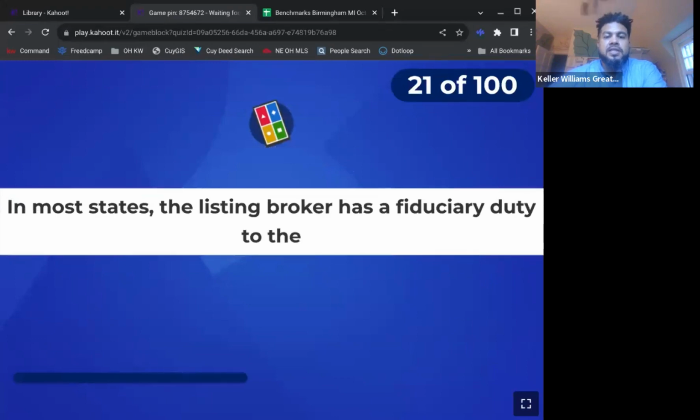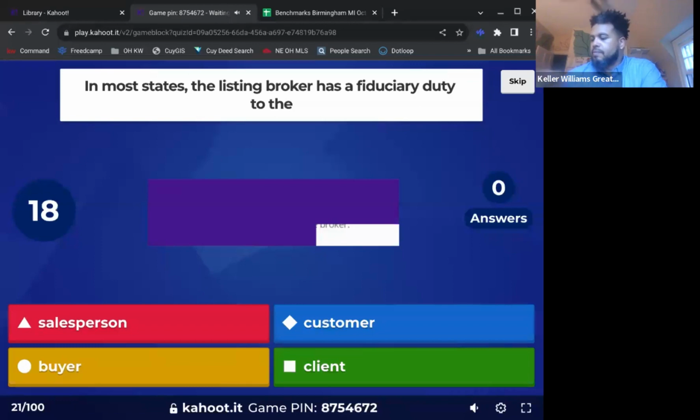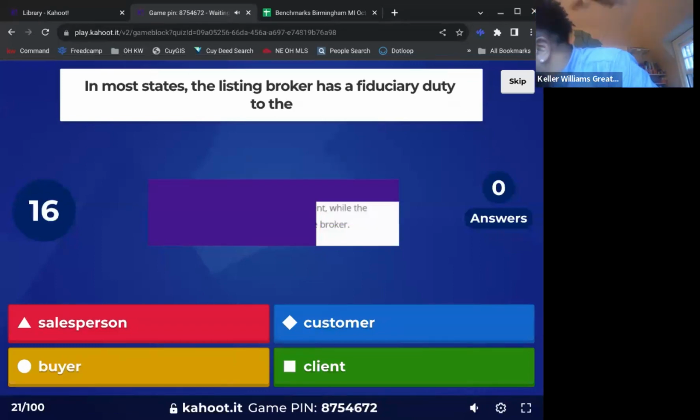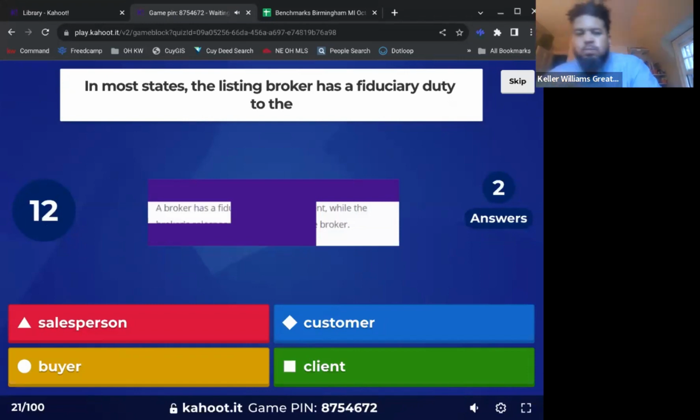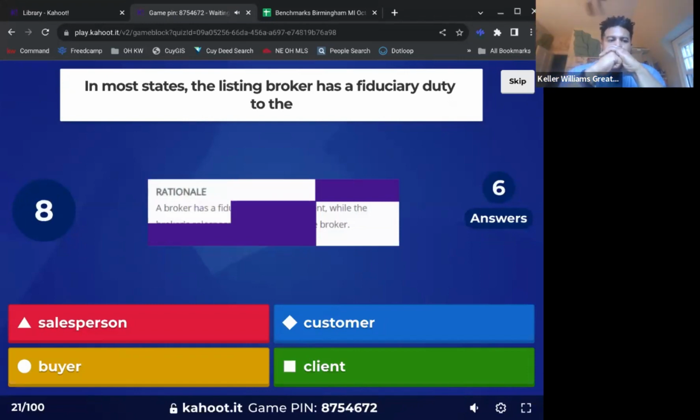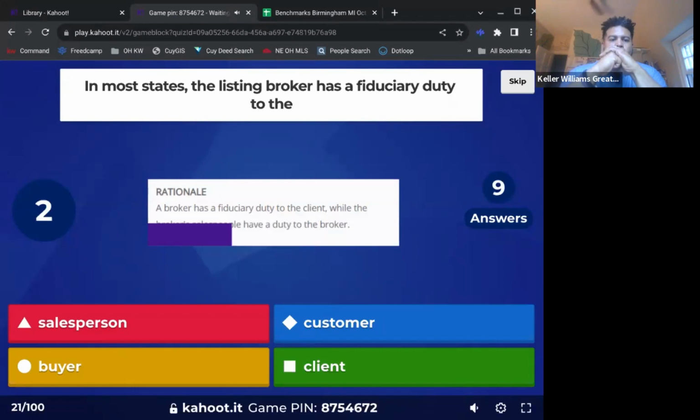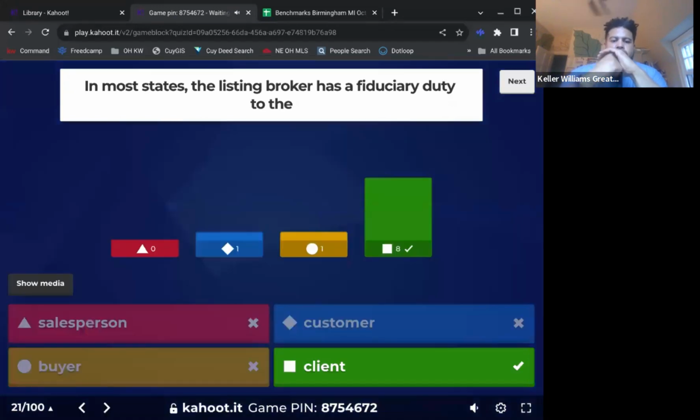In most states, the listing broker has a fiduciary duty to the... That's right, the client.